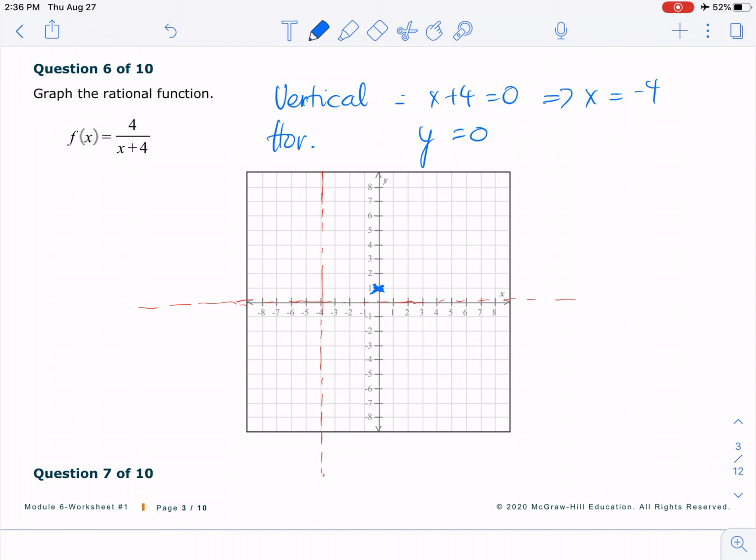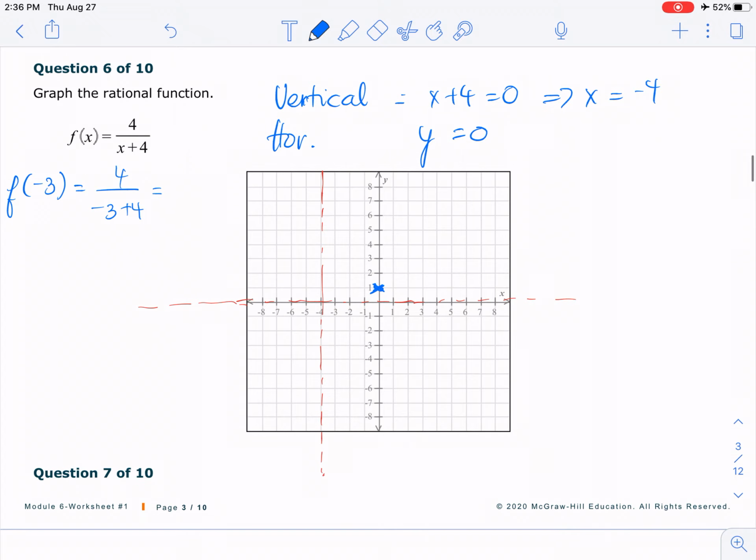You can definitely pick 2 more and plug into the equation. You can pick negative 2 or negative 3. I'm going to pick negative 3 and plug it in. So f of negative 3 is going to give me 4 over negative 3 plus 4, which is 4.